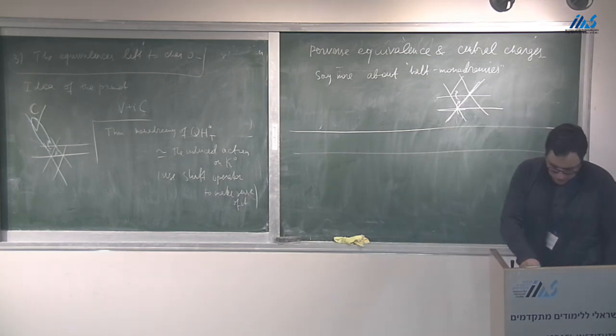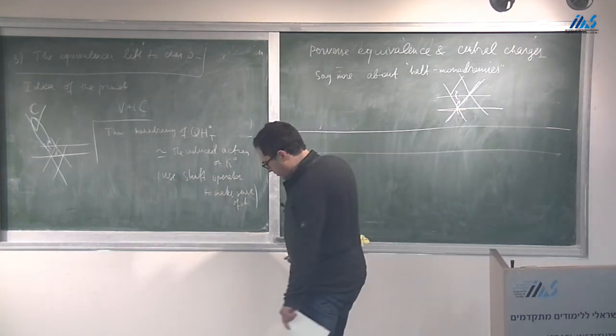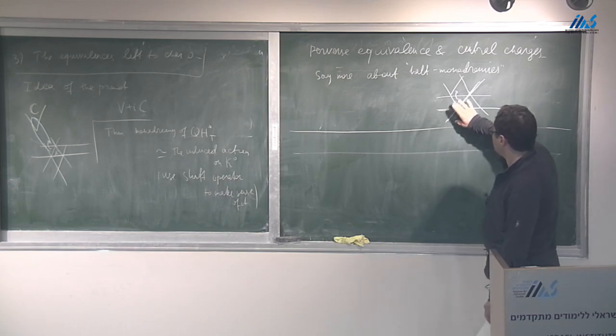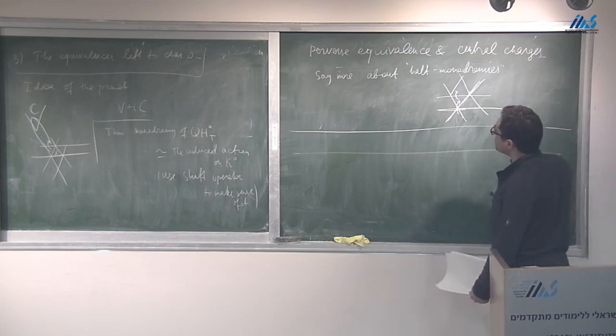If you remember Ivan's talk, maybe he was working in characteristic zero, but still there was this point that in this closely related context, the derived equivalence of this sort was actually a perverse equivalence.